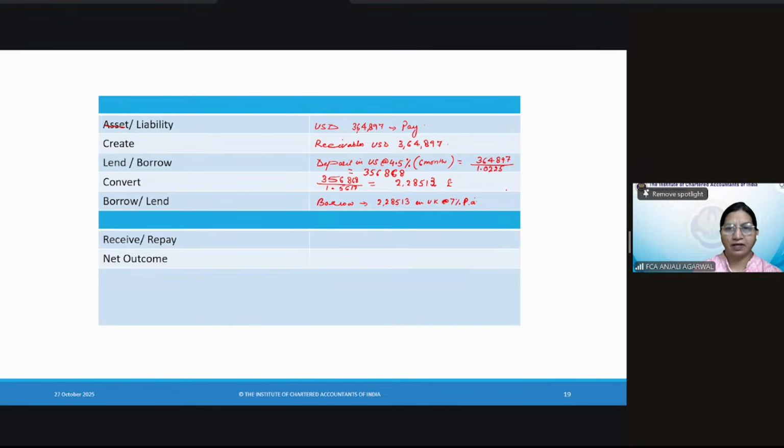So this is all that I have done. What I have done today is borrowed from UK 228,513 at 7% per annum, converted into dollars using spot rate.